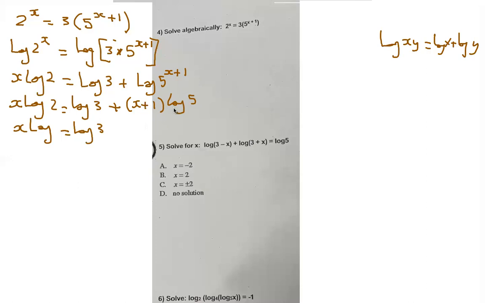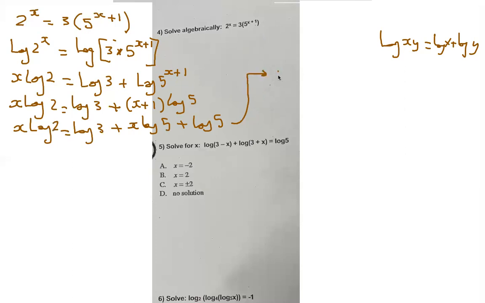What you need to do here is expand the log 5 into the x and plus 1. So just the property of distribution backwards. Okay, so x log 5 plus log 5. So just in case you didn't know what we did, we multiplied the log 5 into the x and the plus 1.